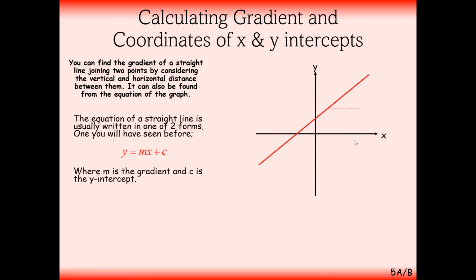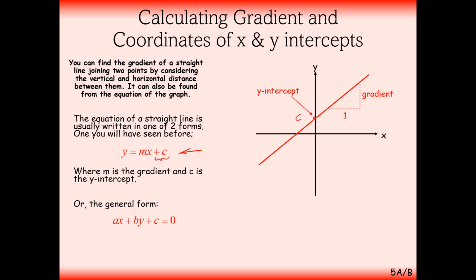Here, well, this is not an example. This is just to show you how we make up the equation of a straight line. One way of writing the equation of a straight line is this: y equals mx plus c. The value of c is the y-intercept here.